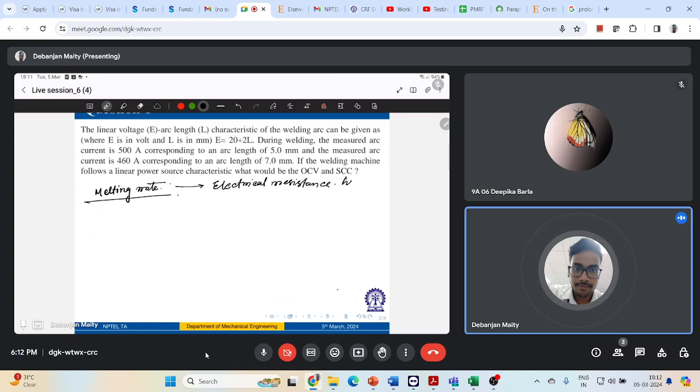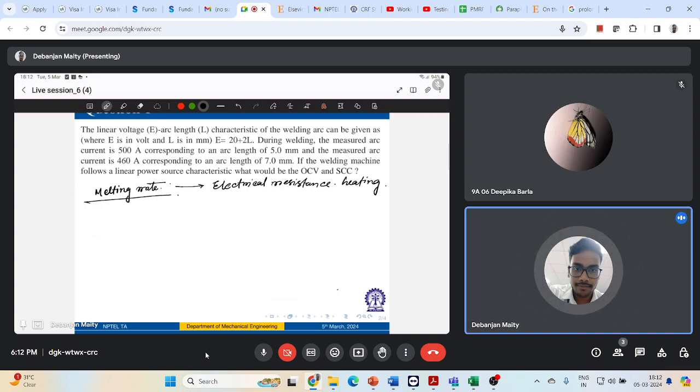There is an empirical formula through which you can estimate the melting rate in kg per hour.